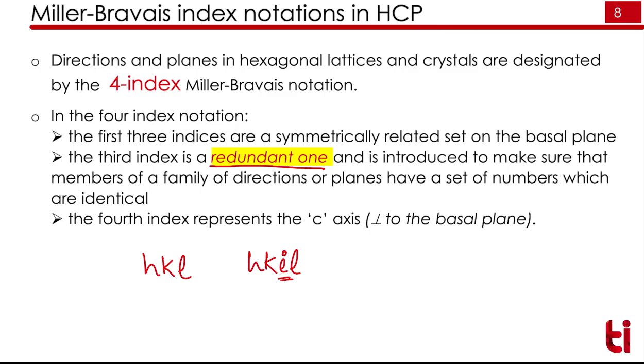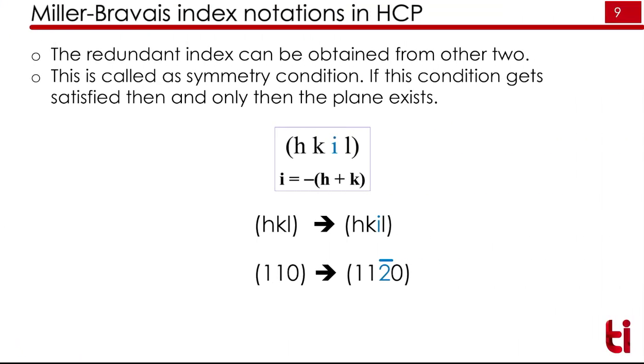Redundant means this I is unnecessary, and that is added just for the purpose of symmetry. And this third one we can calculate from the other two. If you want to calculate I, we have to use H and K. That redundant index, the I index, can be obtained from the other two by using this formula, I equals minus (H plus K), and this is just added for symmetry.